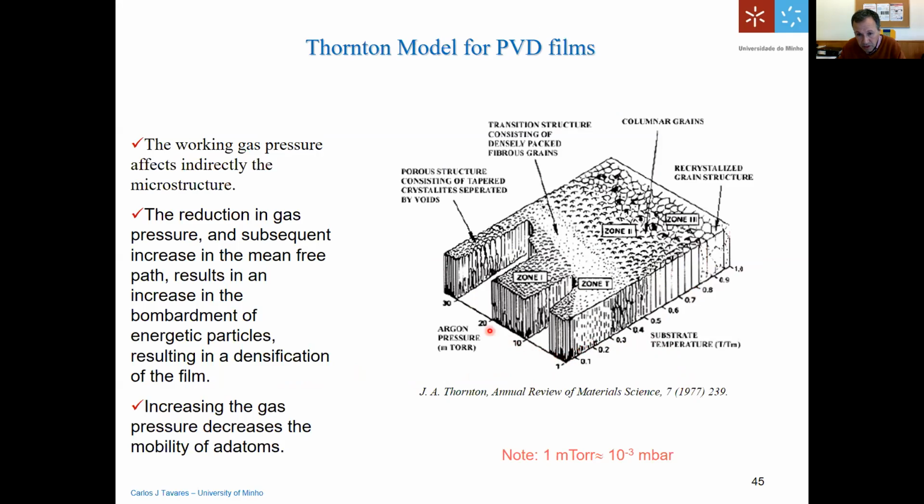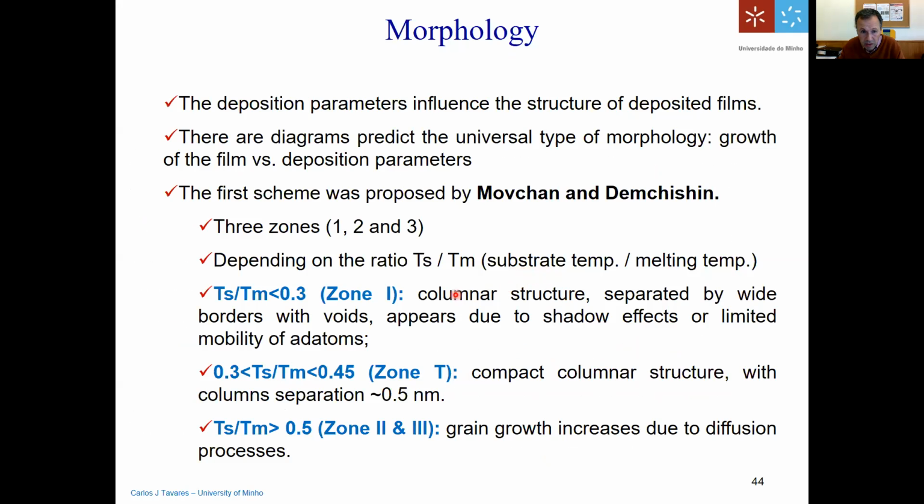Okay, if you increase the argon pressure very much, but using the same ratio of substrate temperature to melting temperature, then you will go into another zone expected for these films. In this zone 1, you have a columnar structure again, but separated by wide borders and voids.